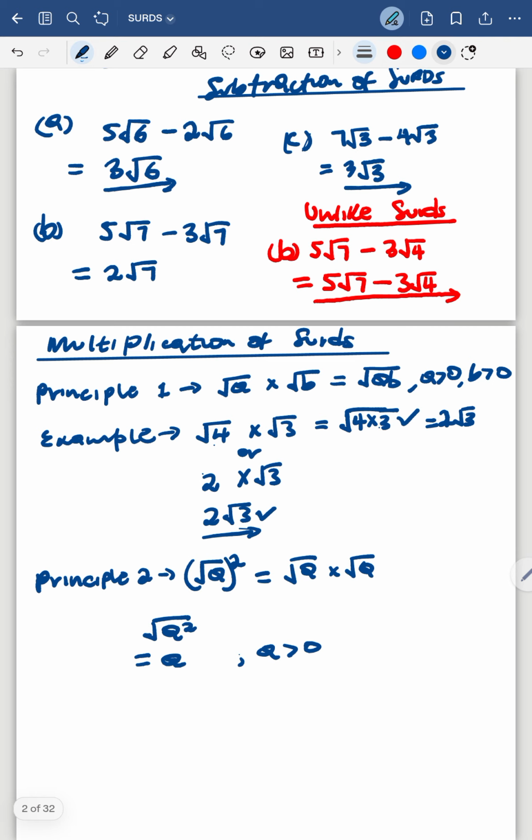So make sure that the number under the square root is not negative. This is the principle that you should have.